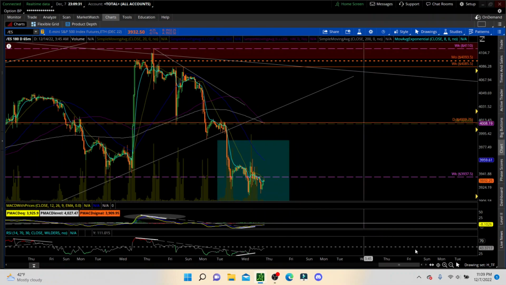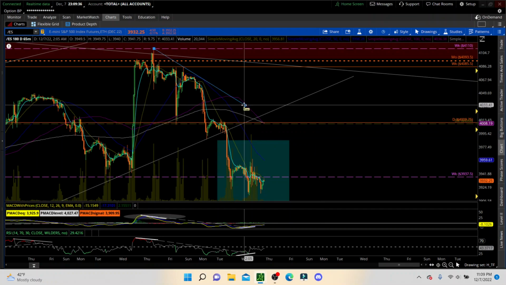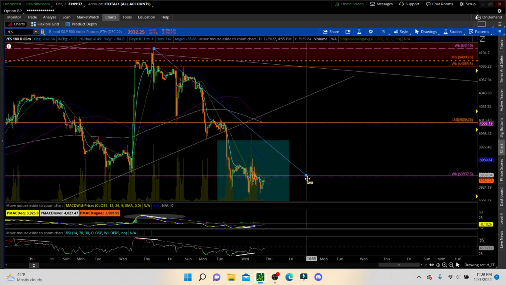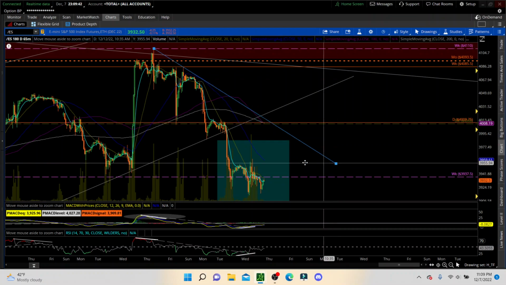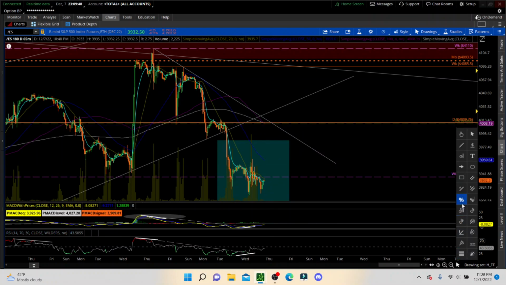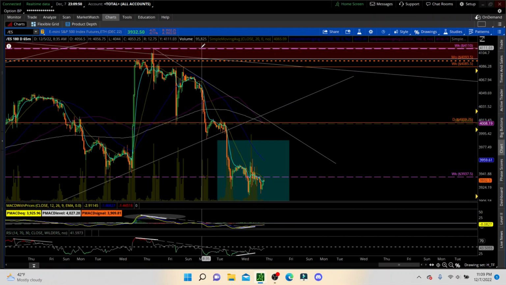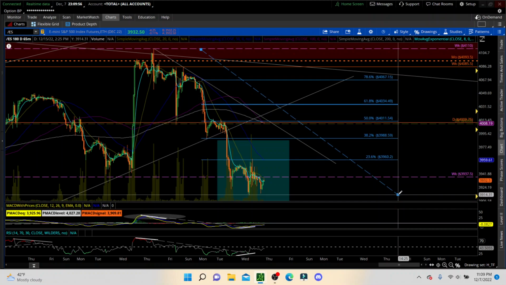Now, the thing is where is this C going to actually test? Are we going to test its downtrend line here? Or are we going to get all the way to the 4,000 area? And if you do Fibonacci retracements from the high to the low, we should retest about that 50% retracement all the way to 62%.